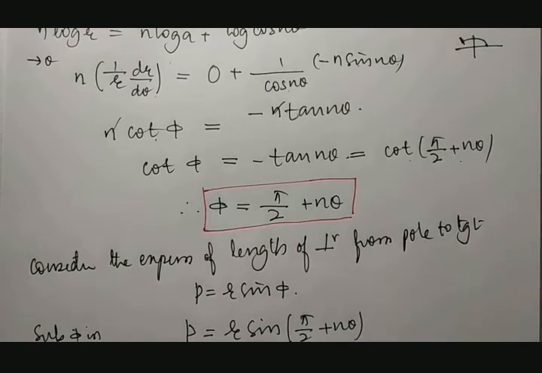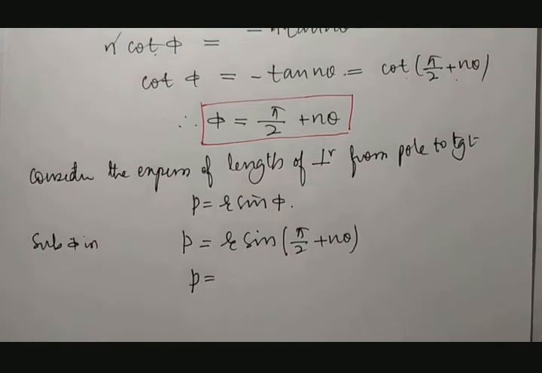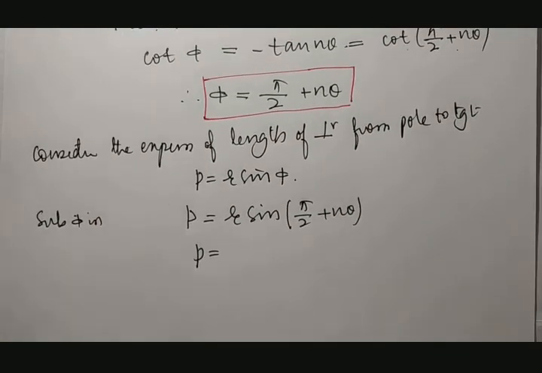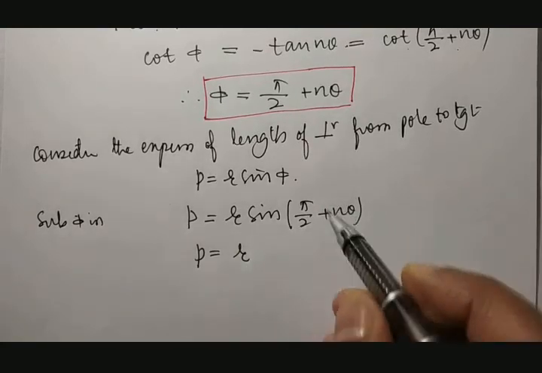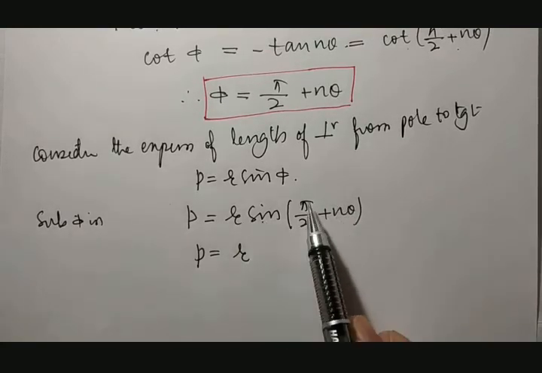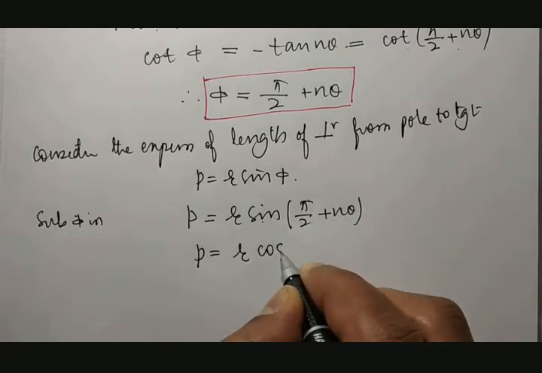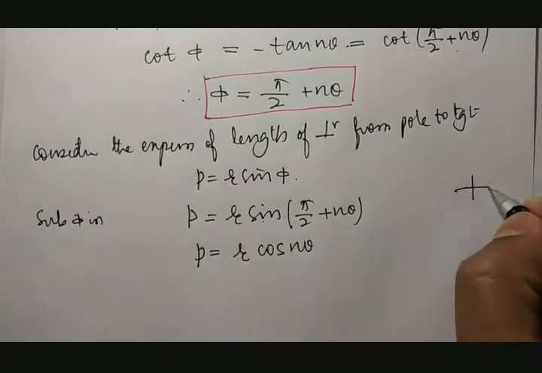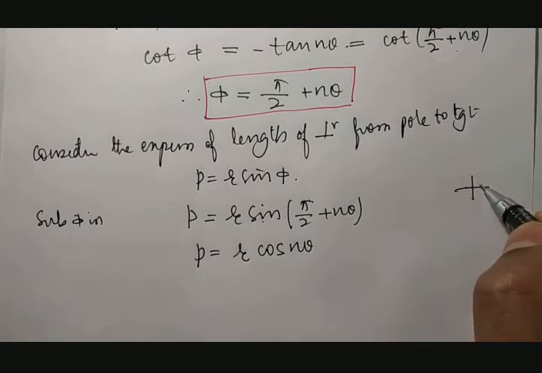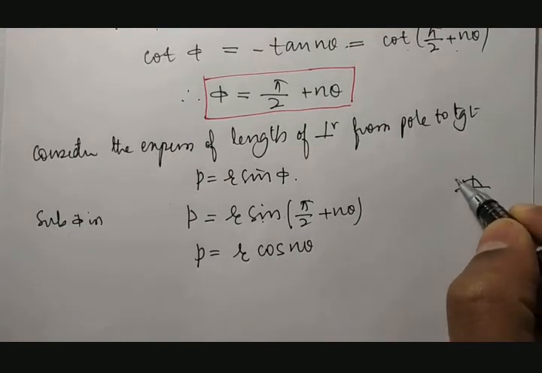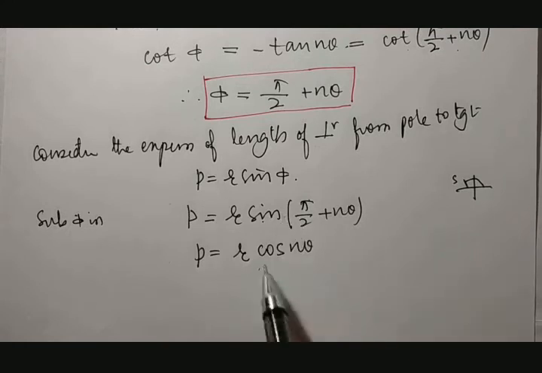Which is equal to p = r into sin(90 plus nθ). So sin 90 plus becomes cos nθ. Now we need to check whether it is positive or negative. Here, 90 plus is the second quadrant, where sine is positive. So it is positive.